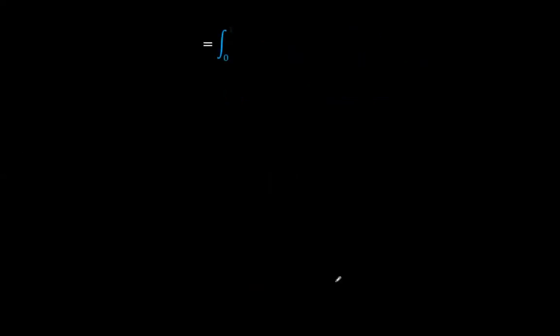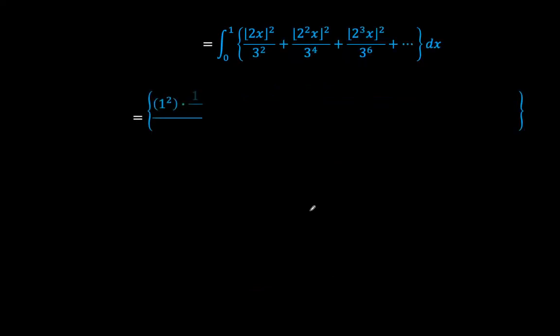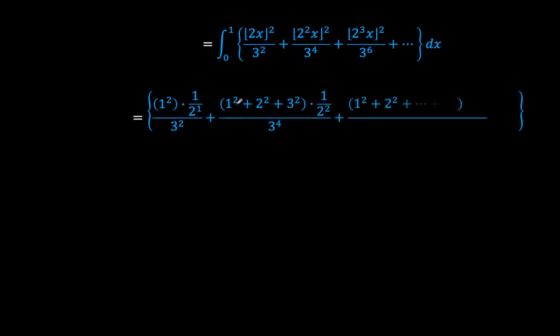So to express it in a more easy to comprehend fashion, for the floor function of 2x squared, we had only 1 squared times 1 over 2, or half, and then over 3 squared. And then for the floor function of 2 squared x squared, we have 1 squared plus 2 squared plus 3 squared times 1 over 2 squared over 3 over 4.